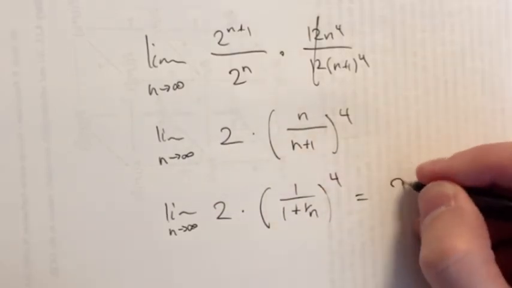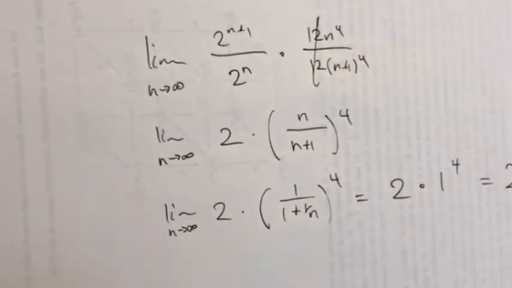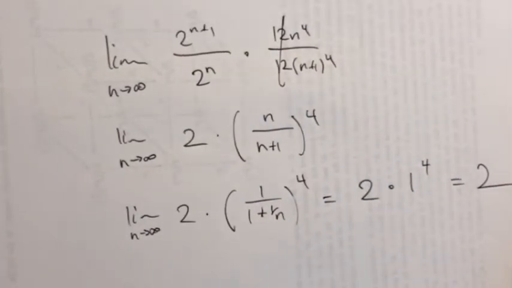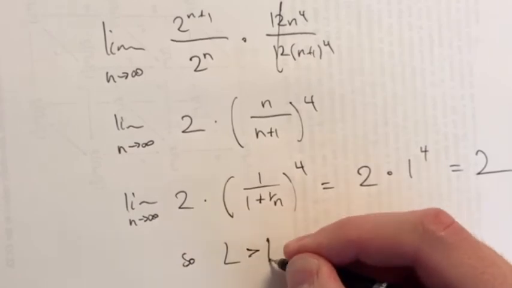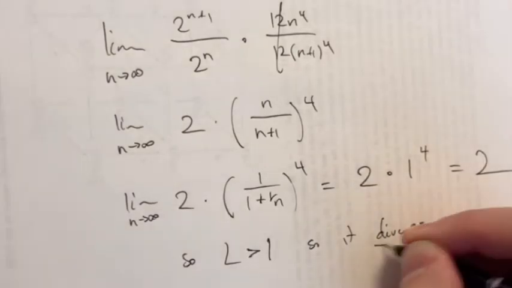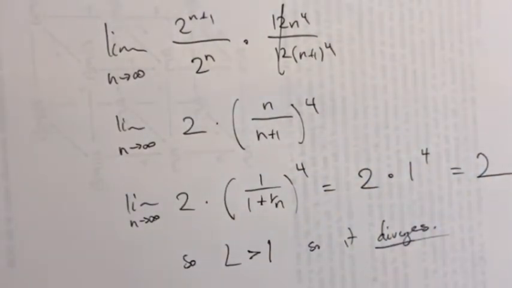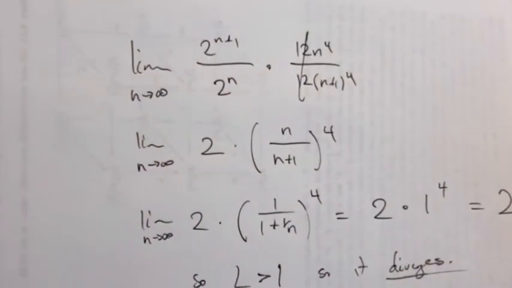This becomes 2 times 1 to the 4, which is 2. And so the L that you're looking for equals 2, and so it diverges because the L is greater than 1. That's it. The ratio test gets the job done, at least sometimes.